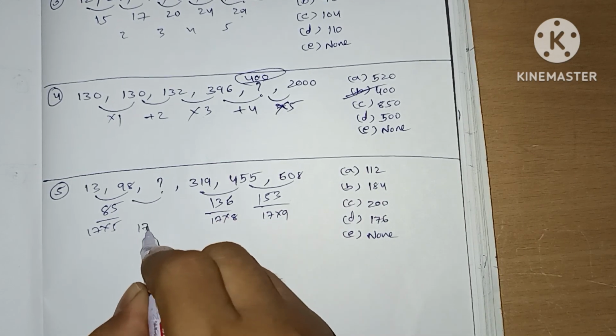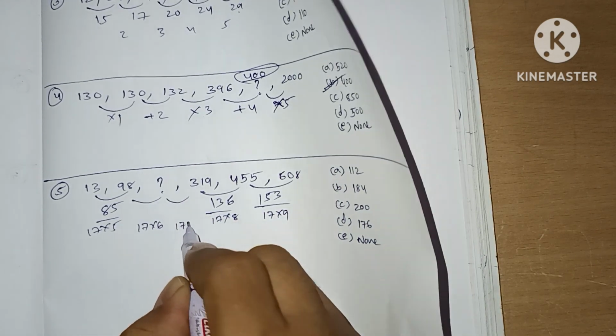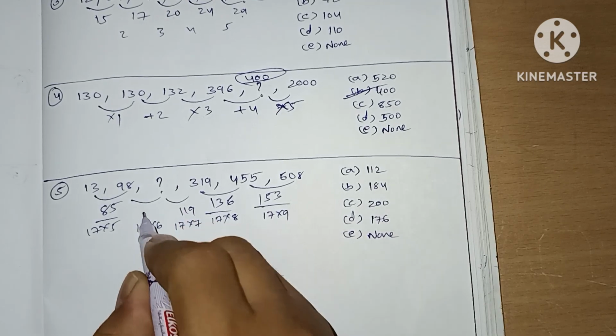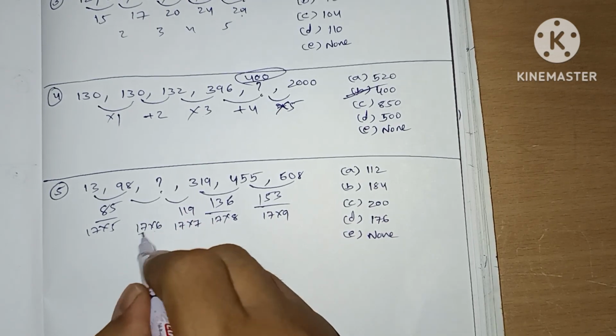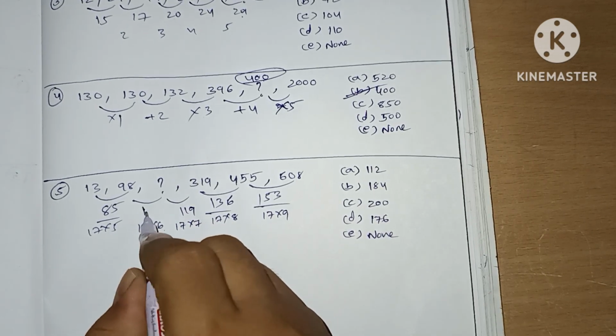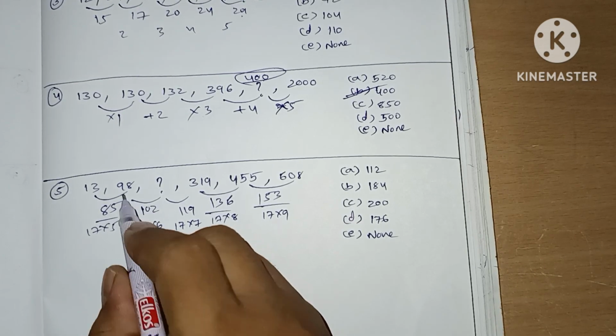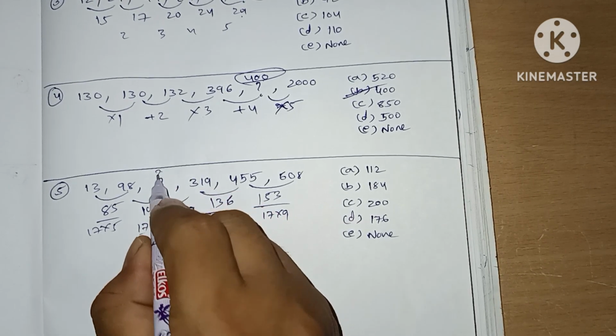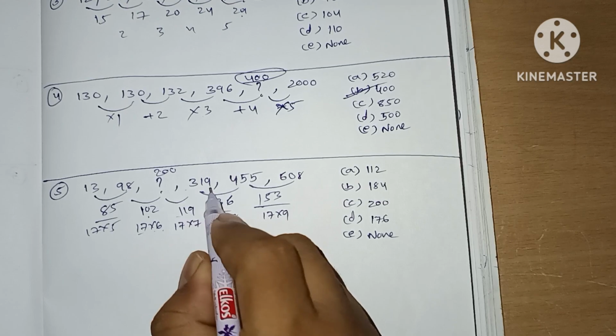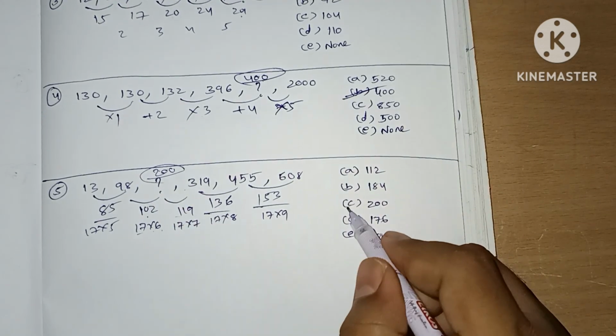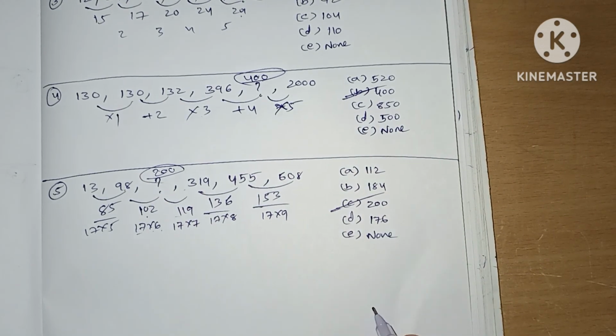So it must be 17 6 times, 17 7 times, 119, and 6 times will be 102. So 98 plus 102 will be 200. 200 plus 119 will be 319. So answer will be 200. Option C is our answer.